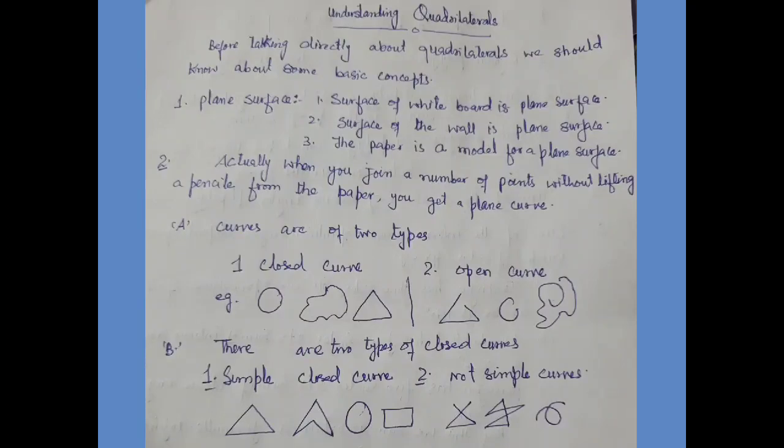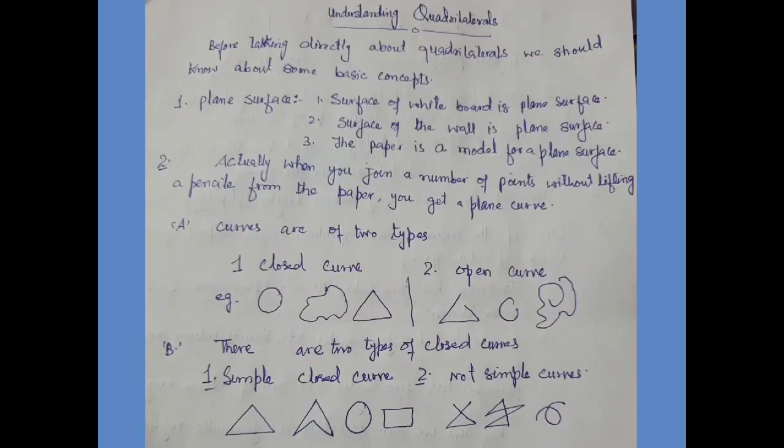B. There are two types of closed curves. Now the closed curves are also of two types. Number one, simple closed curve. Number two, not simple closed curve. Simple closed curves are the examples or the figures which I have shown under the simple closed curve.